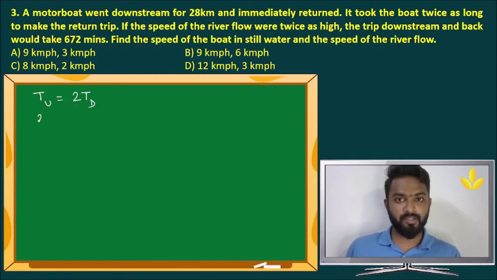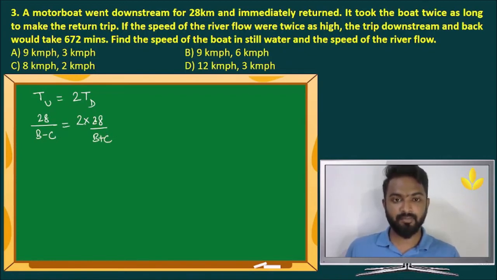So distance is 28 divided by speed is b minus c because upstream equals twice into 28 divided by downstream is b plus c. Now 28 and 28 gone. Cross multiply, we have b plus c equals 2b minus 2c.